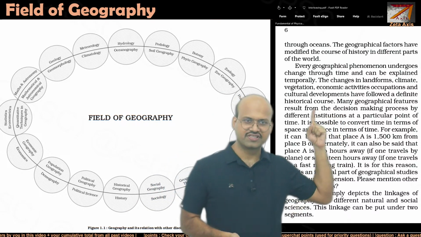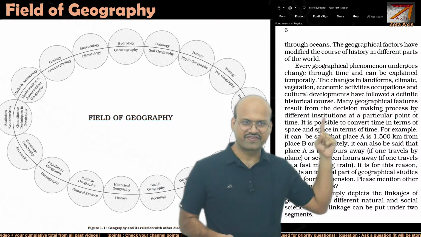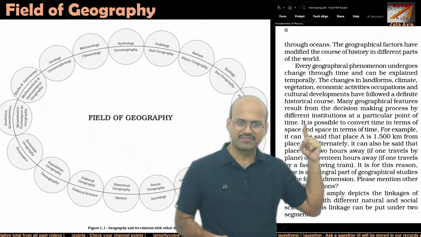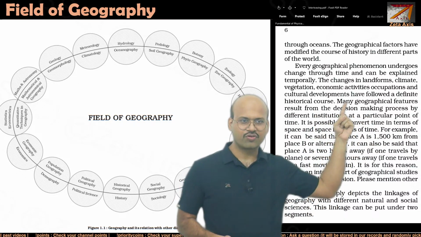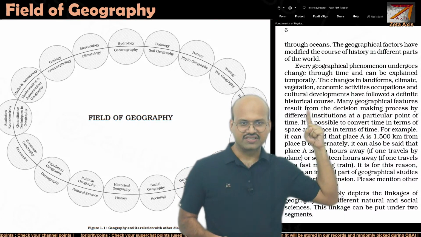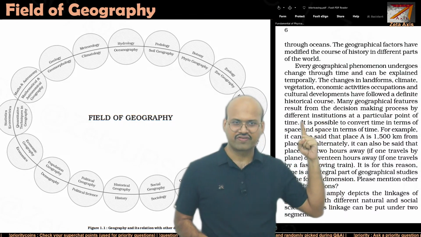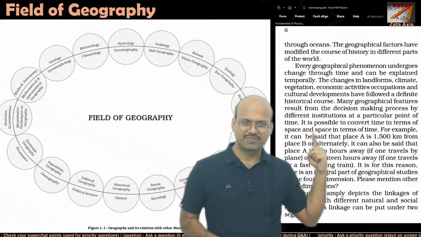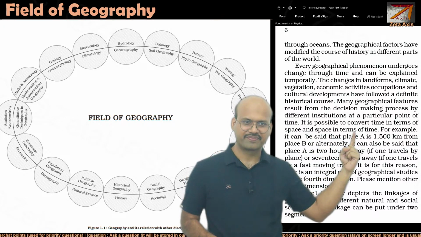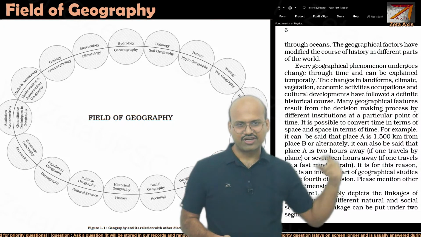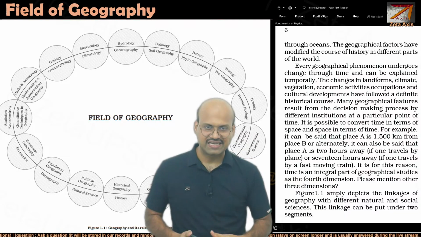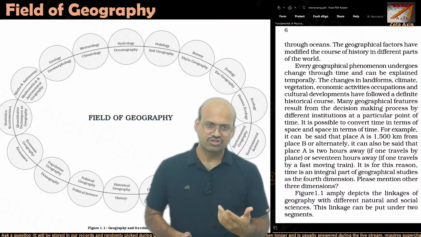Many geographical features result from the decision-making process by different institutions at a particular point of time. It is possible to convert time in terms of space and space in terms of time. Here it is trying to establish the necessity of time for geography.